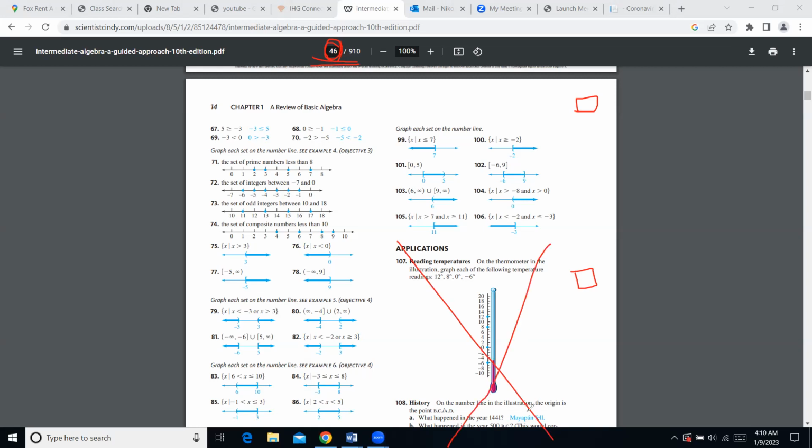But you don't need to worry about applications. So just do a few problems from each section when you're working out some exercises outside of class. Do it on your own piece of paper and keep it, don't lose it, until the day of the midterm.